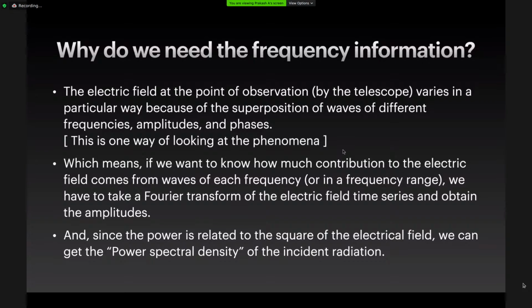So it has this frequency content in it, which is apparent in the way it changes with time. Since the power of this radiation field is proportional to the square of the transverse electric field, we can get a power spectral density of the incident radiation itself if we measure the electric field values.